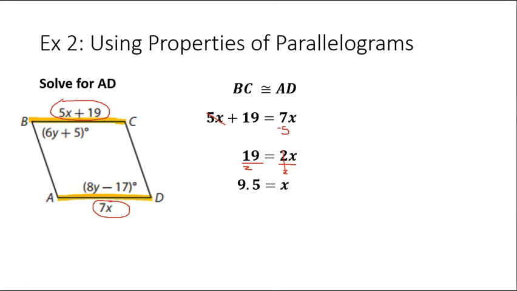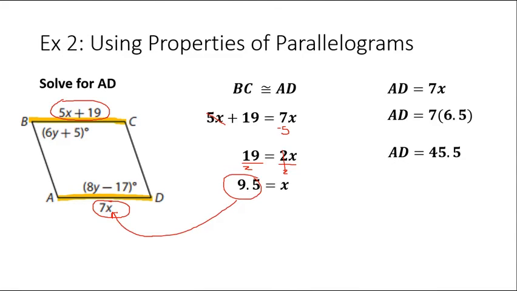So I end up getting here x equals 9.5. So remember, this is not our answer yet. We just need to plug it in. So we need to take this 9.5, and since we're solving for AD, I need to take it and plug it in right there. So what I'm going to do here is I'll say AD is 7x. So that means it's the same thing as 7 times 6.5, which is 45.5. So that would be my answer.